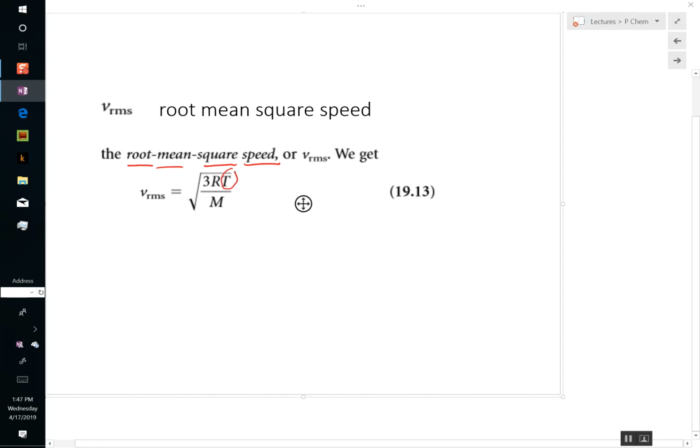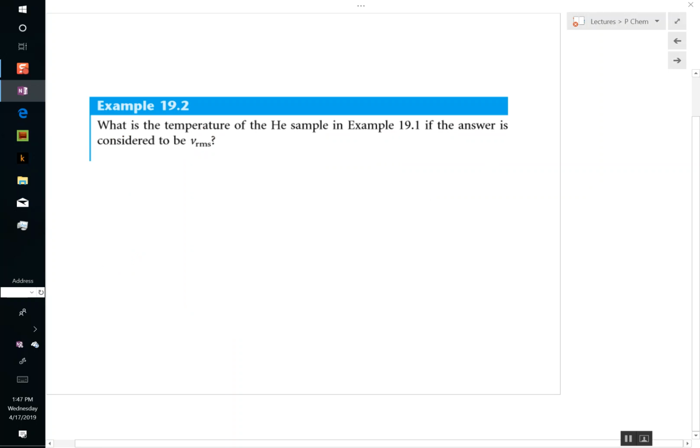So here we got a temperature term in here. So if you take that number we got, which was 1282 meters per second, and solve this for helium, solve for T. And that's what we'll pick up on Wednesday.